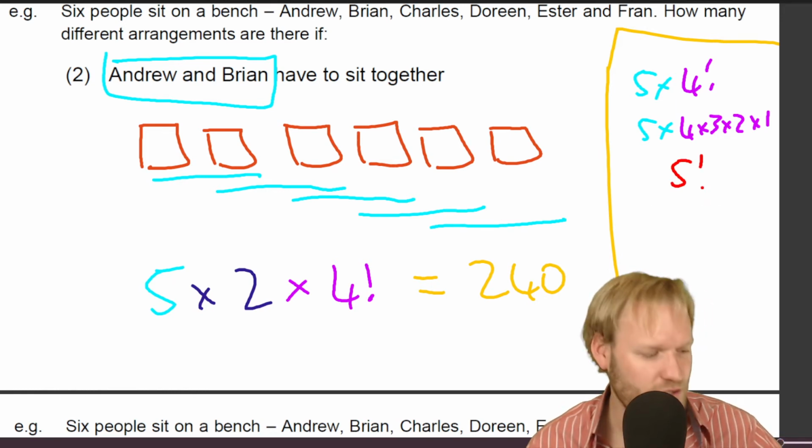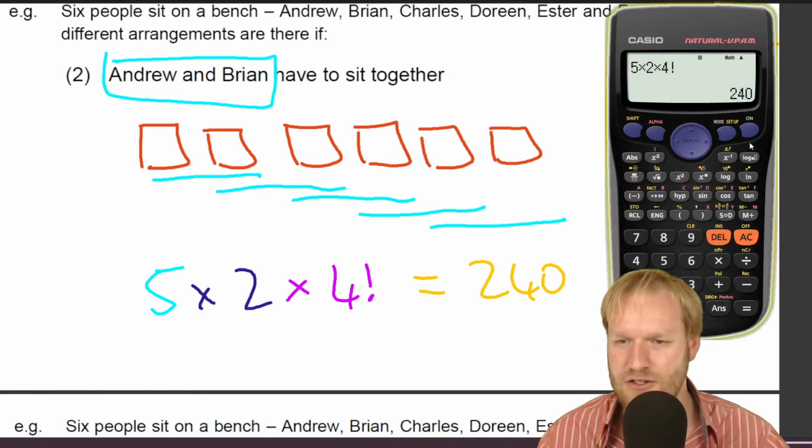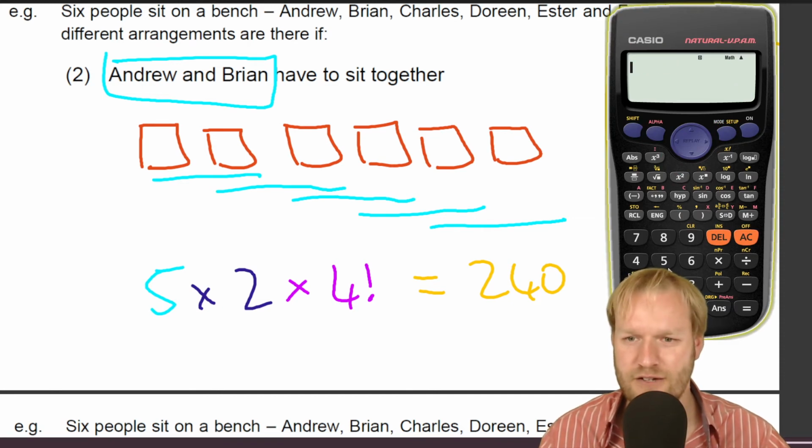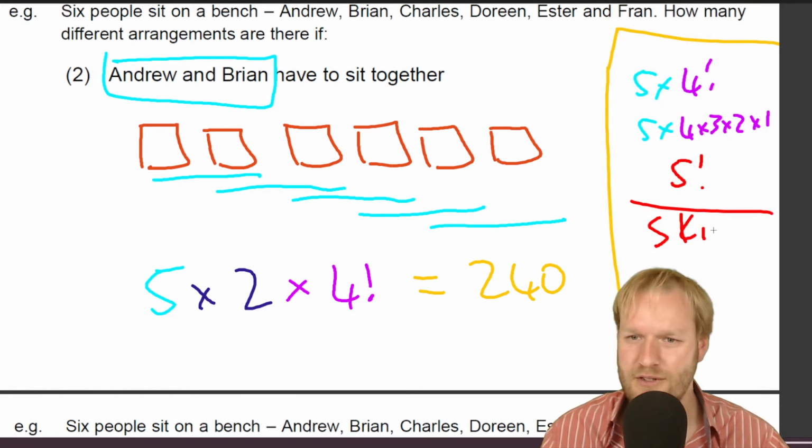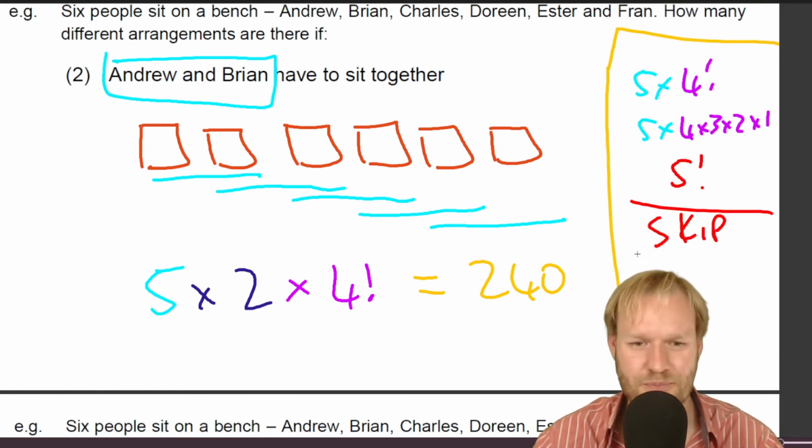So to work that out on the calculator, I got 240, you might have gone 5 factorial times 2, and we still get 240. To be honest, I would skip that interesting aside though.